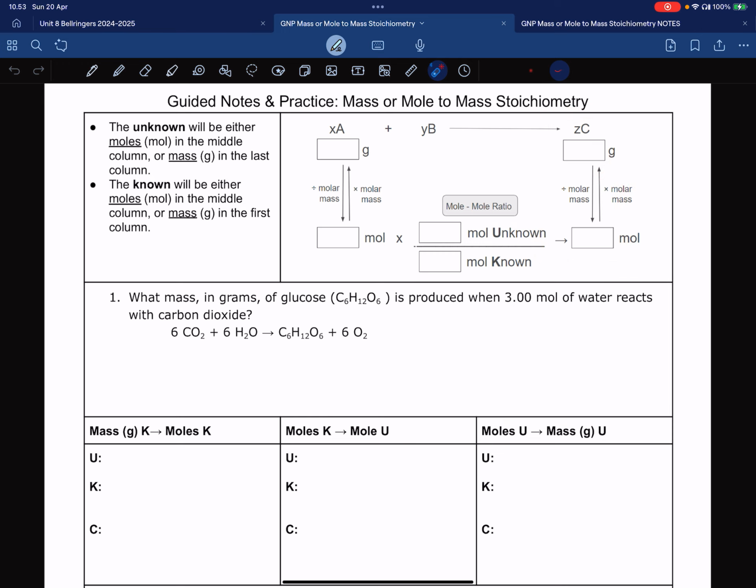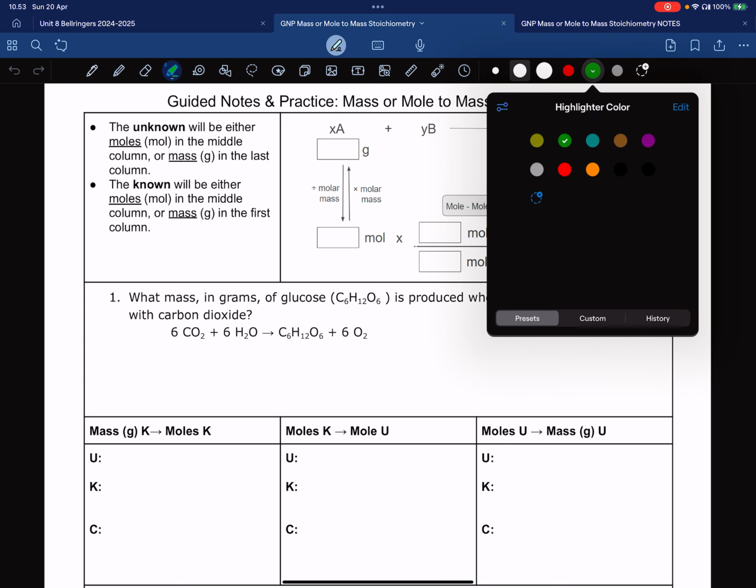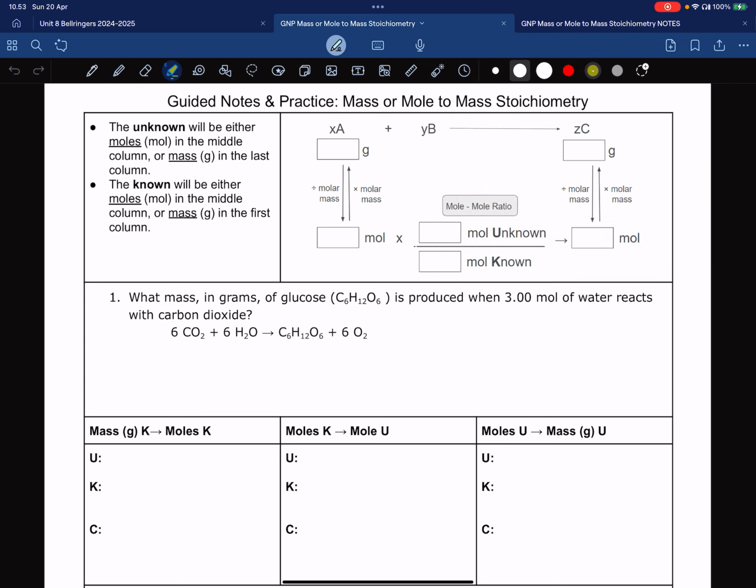All right, so we're going to do what we always do. We're going to start with identifying the unknowns and the knowns. So, what mass in grams of glucose is produced when 3 moles of water reacts with carbon dioxide according to this equation? What mass in grams of glucose?